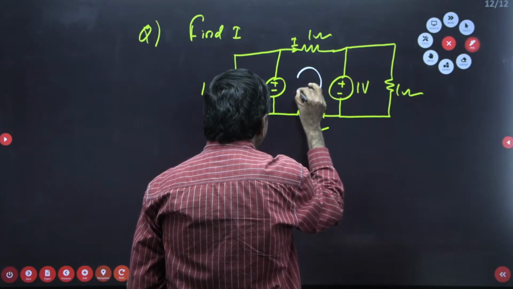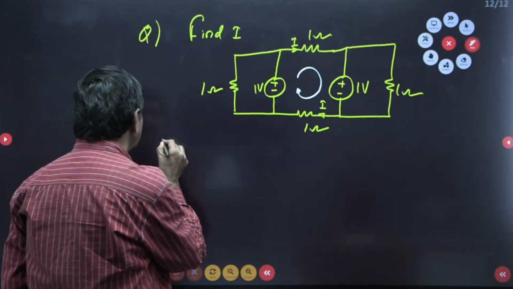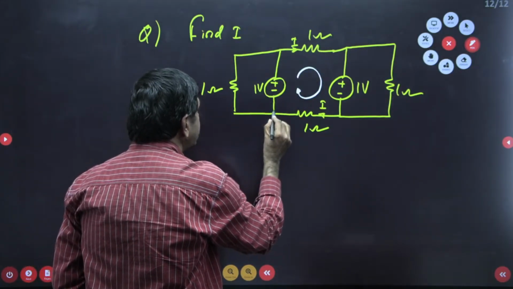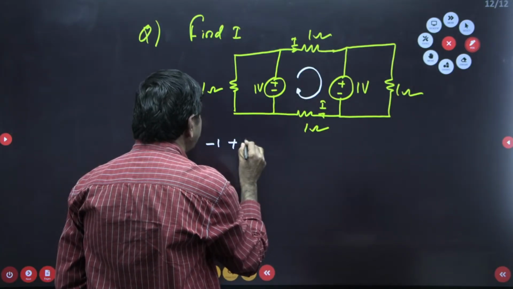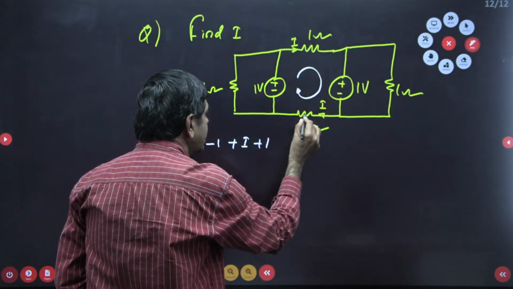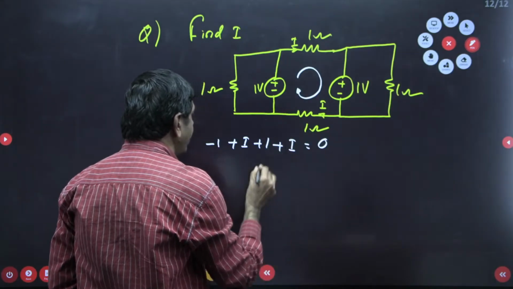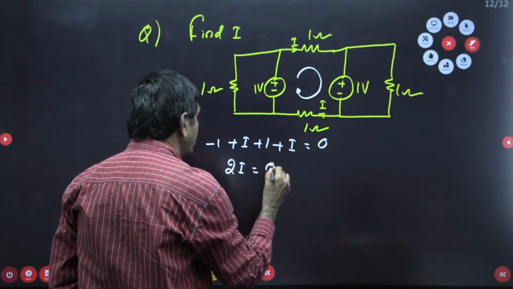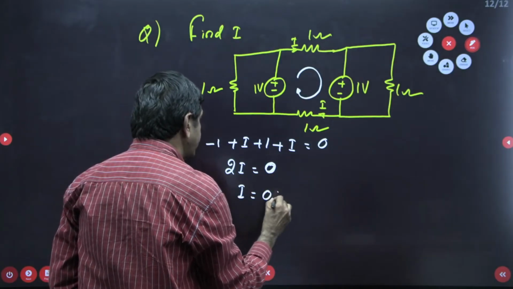Connect this loop, and directly you can measure I. Going this side, minus 1 volt; going this side, 1 into I itself; going this side, plus 1; going this side, plus I, that equals 0. I plus I, 2I, equals 2 minus... that equals 0 only. 2I equal to 0 means the current I is 0 amperes.